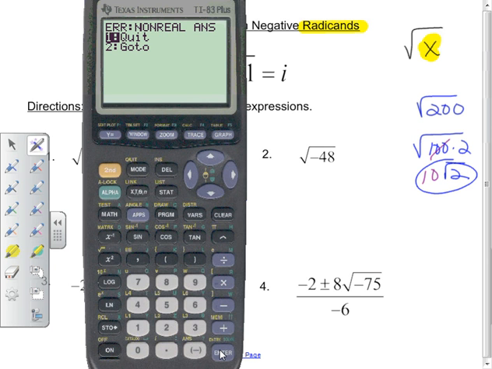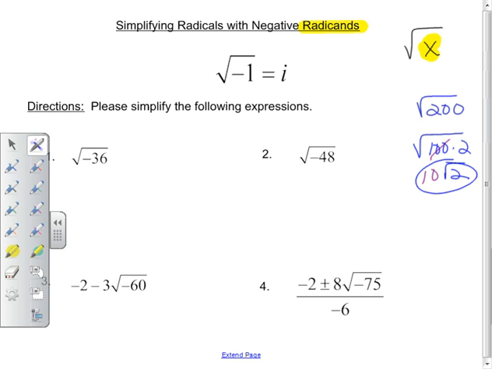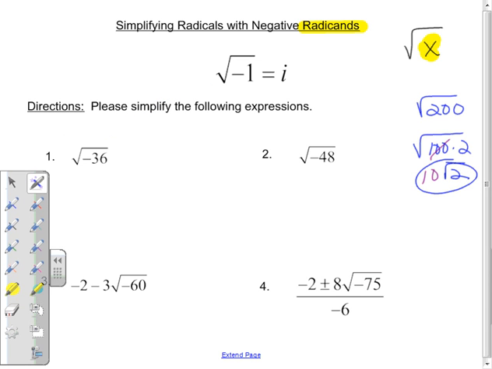This indicates that there is no real number for the square root of a negative, but there is, in fact, an imaginary answer, and they're all based on the idea that the square root of -1 equals i. So let's take a look at these examples. This is a pretty easy skill. I think you're going to acclimate to it very quickly. It just takes a little practice.